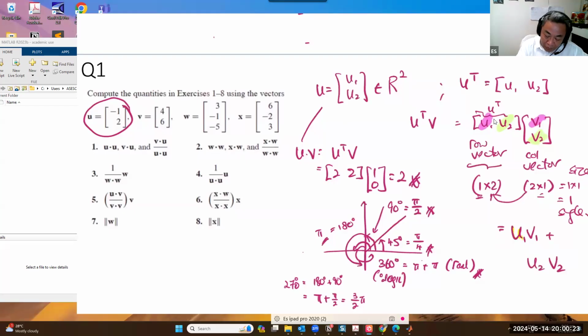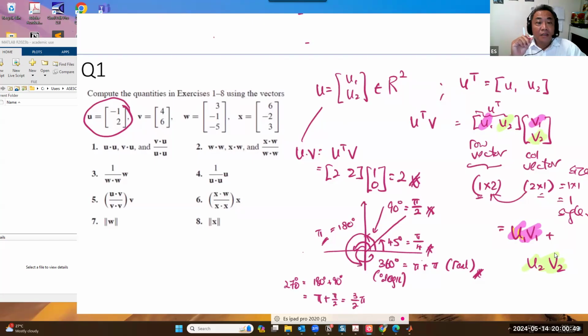So now I color code for you. This is pink. And the other guy is green. Can you see? So u1 v1 plus u2 v2. And then this is a number plus a number. So out comes a number. So, have I answered what u transpose v means?